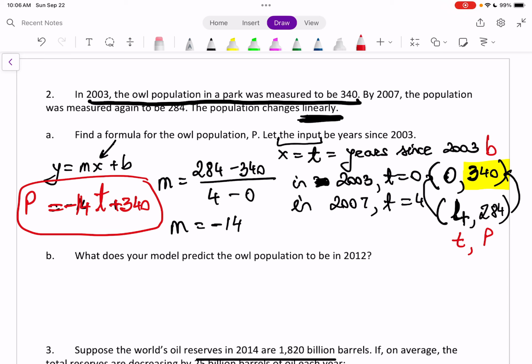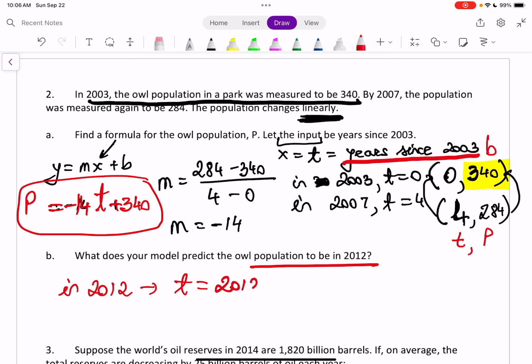One or the other is fine. So now use your model to predict the owl population in 2012. Well, in 2012, t is going to be how much? Since t is years since 2003, that's simply going to be 9 years.